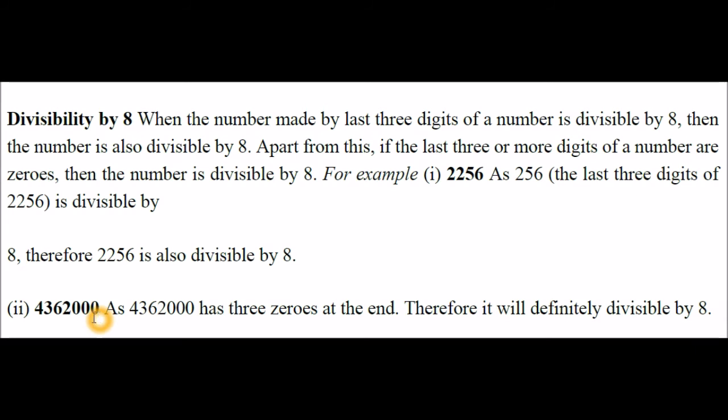What are the last 3 digits? If the last 3 or more digits of a number are zeros, here in the given number 43,62,000, the last 3 digits are zeros. So as 43,62,000 has 3 zeros at the end, it will definitely be divisible by 8.